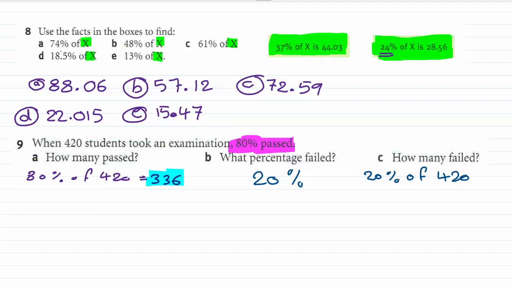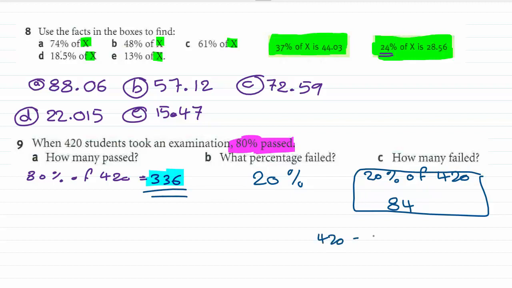That gives 20 times 420 divided by 100, that gives 84. 84 students failed. We can get this using another method. We know 80% is 336. Then simply 420 minus 336 is 84.